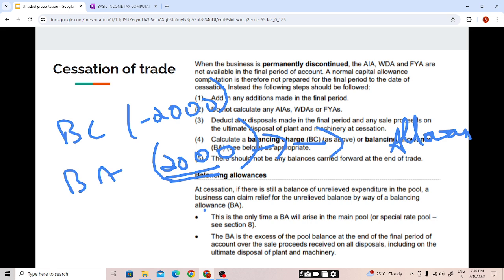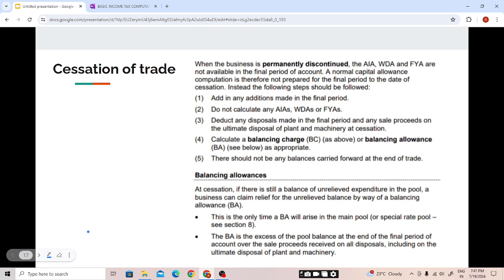When we cease our trade, the balance of the pool must be 0. I hope this is clear, students. The balance of the pool must be 0. At cessation, if there is still a balance of unrelieved expenditure in the pool, a business can claim relief for the unrelieved balance by way of balancing allowance. I hope this is clear.